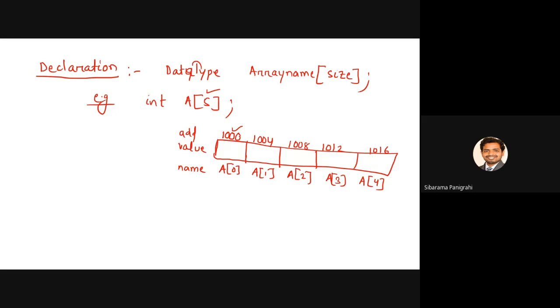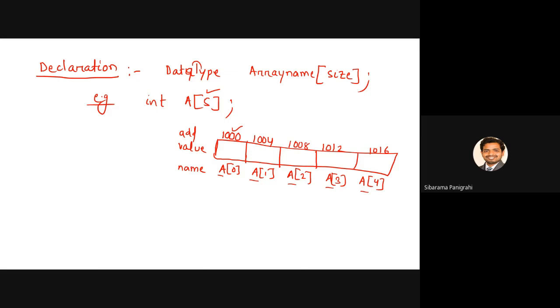Here it is incremented by 4. That's why I told you that an array is a collection of elements of similar types stored contiguously, and represented by a common name. Here you see the name of all the elements is A. They differ by their subscript value: A of 0, A of 1, A of 2, A of 3, something like this.